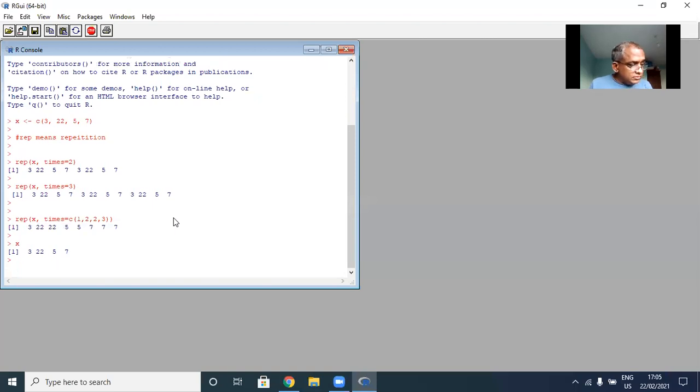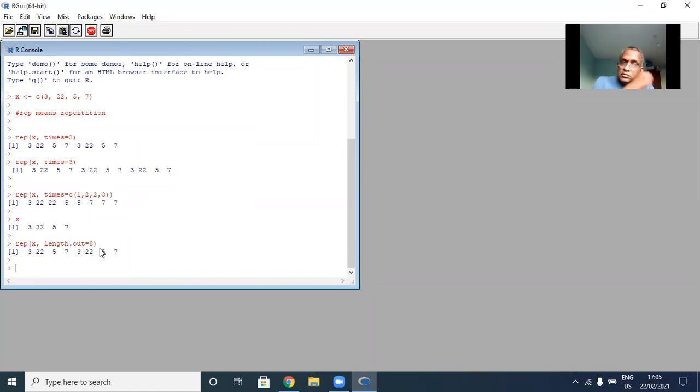vector. Suppose you type this. Here, length out means the number of elements that you want to have in the output vector.